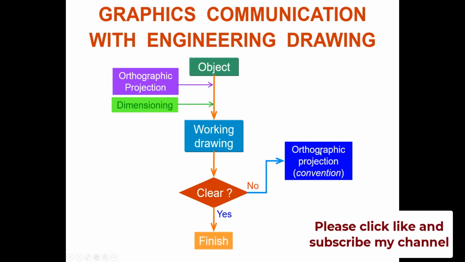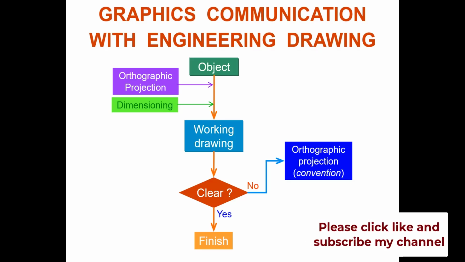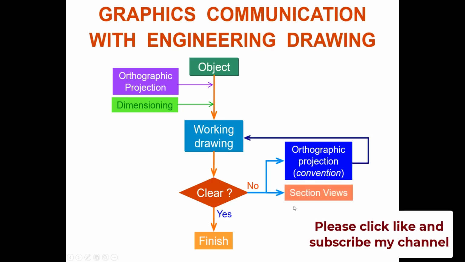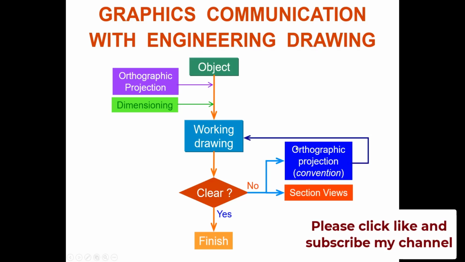Maybe something is missing in the parts you drew, maybe a hidden line is missing, or maybe the projection is not right. Then you go back to your working drawing. If it's clear, finish. If it's still not, then you have to do a section view. That's the idea of this topic. Clear? Okay, this is about section view.